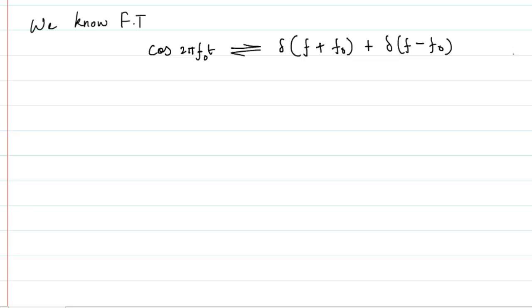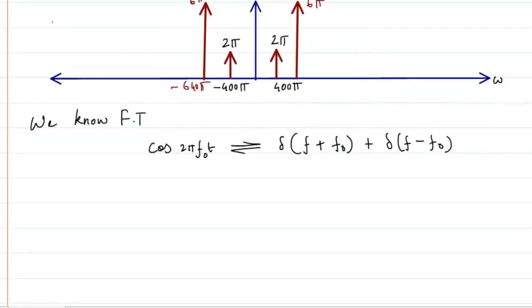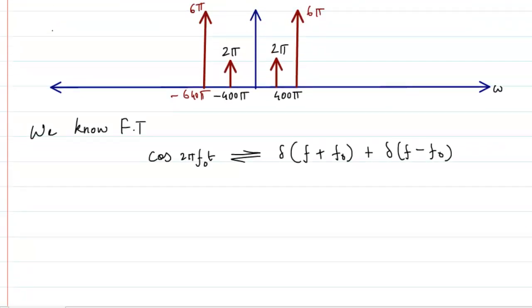Now you might be asking, sir, how did this come? Because we have studied with respect to omega naught. If we are having this with respect to omega naught, we can actually write it with respect to f naught also. That list I will provide you, where you can directly write with respect to f naught.